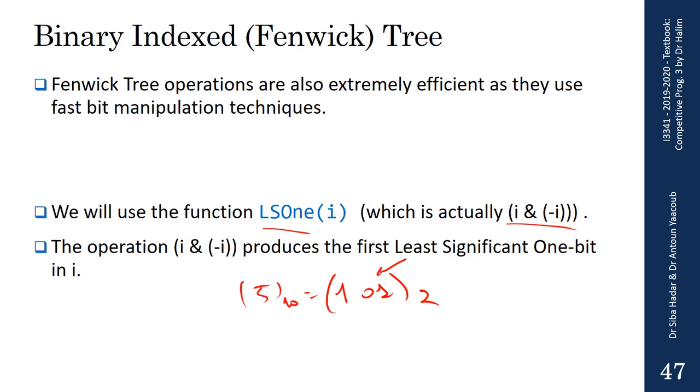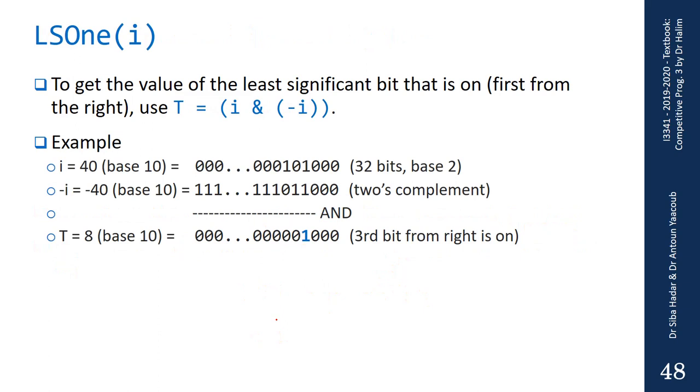So how can I do that? This 101 is i, and minus i is the 2's complement. So we have t, which is equal to i and minus i. For example, i equal to 40. This is 40 in base 2, and minus i is the 2's complement. In the 2's complement, I start from right to left and keep the same bits until I find the first one.